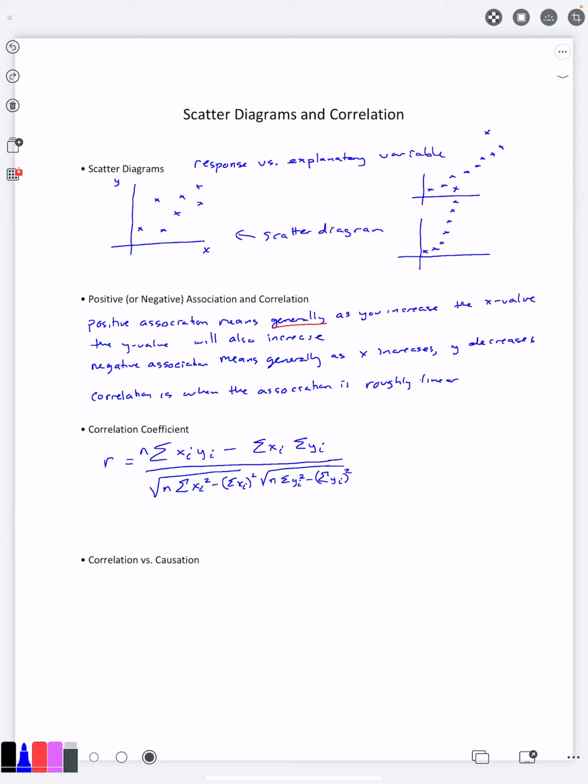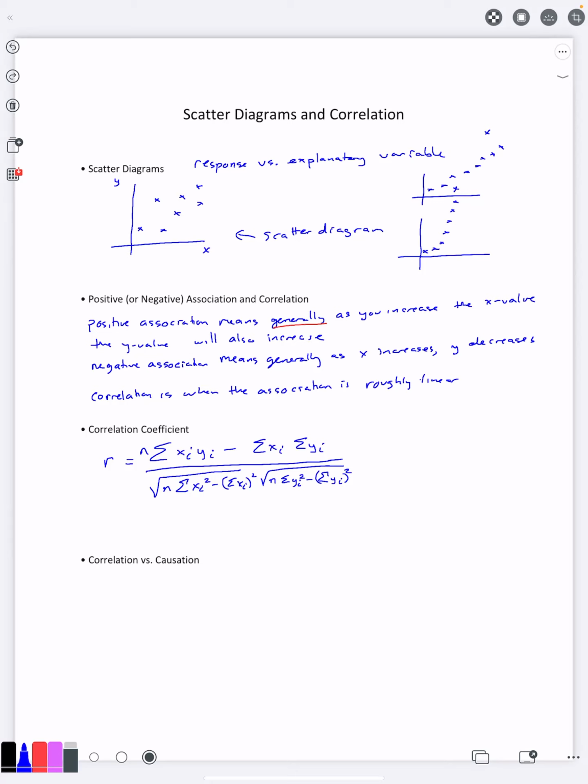Okay, so this mess, right, it's a gigantic fraction with a whole bunch of stuff on top, a whole bunch of stuff on the bottom. The n is your sample size. The xi and yi, those are your data points, right? You have an x and a y for each individual there. So it's saying you start out by multiplying your x and y together, add up all those answers, multiply it by the sample size, then minus, and then each of those says you add up all the x's separately, add up all the y's separately, multiply those two answers, and then you do the subtraction.